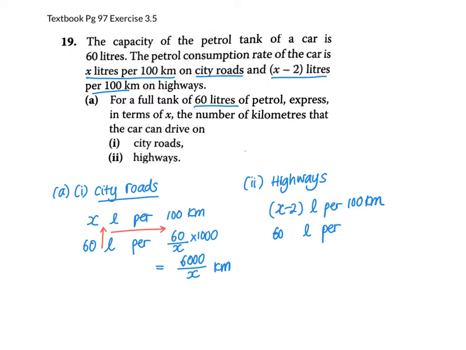How do we find the answer? 60 over x minus 2 times 100, and we will get 6,000 over x minus 2 kilometers.